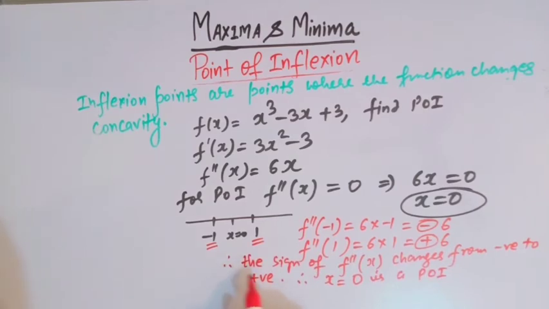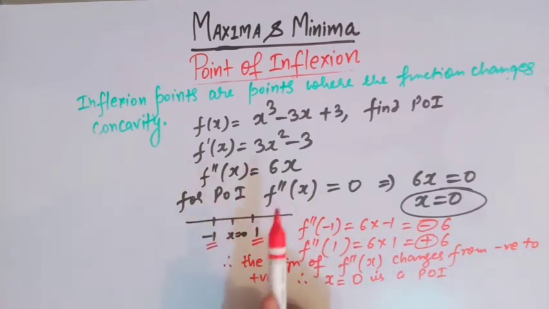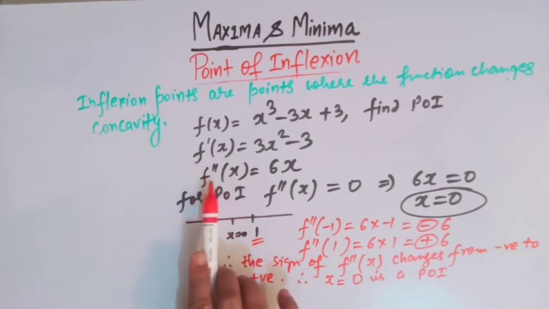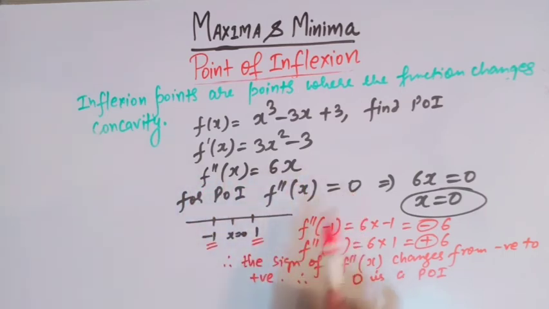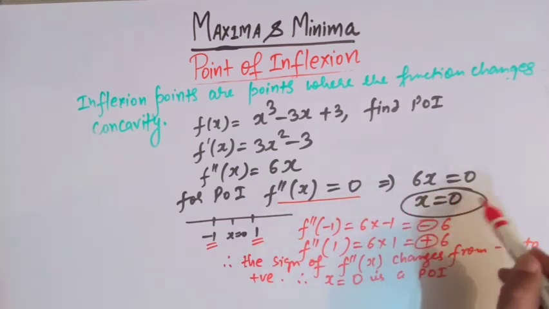So therefore the sign of the second derivative changes from negative to positive, therefore x is equal to 0 is a point of inflection. So viewers, always remember, the point of inflection can be obtained by putting the second derivative equal to 0, and if we solve this equation we get some values of x.